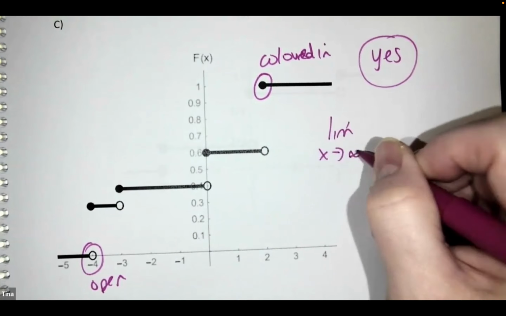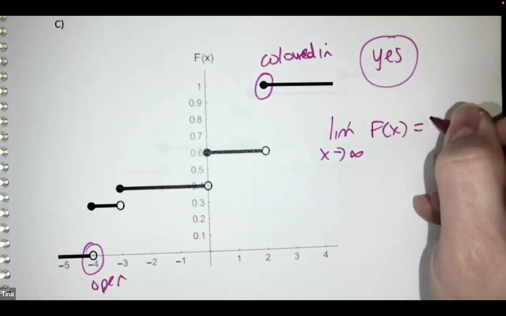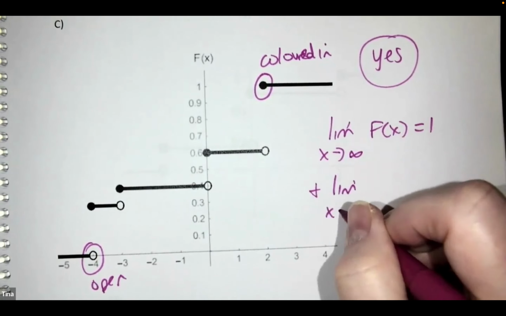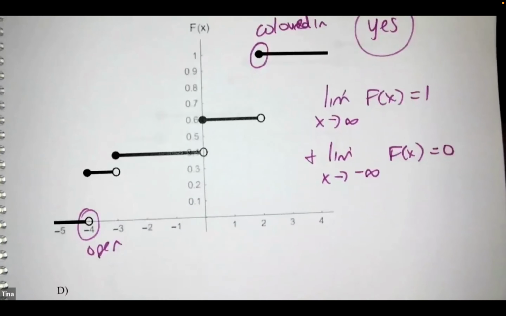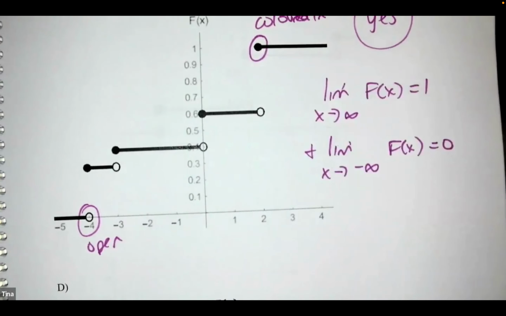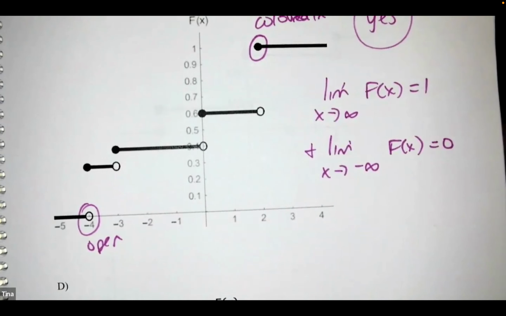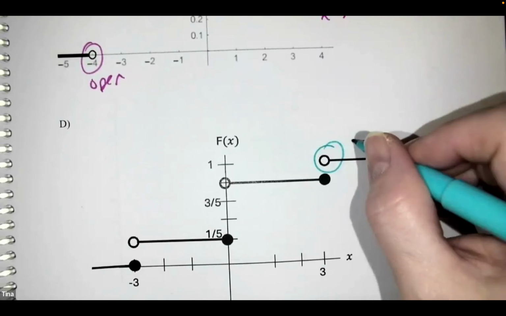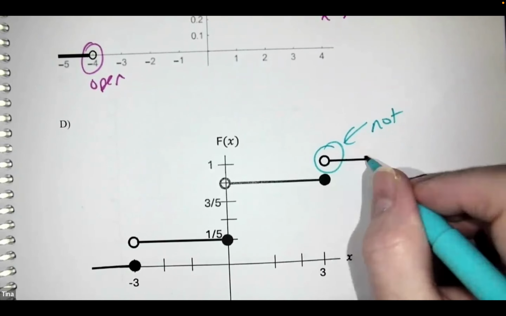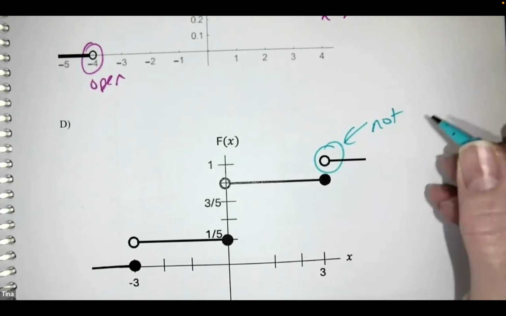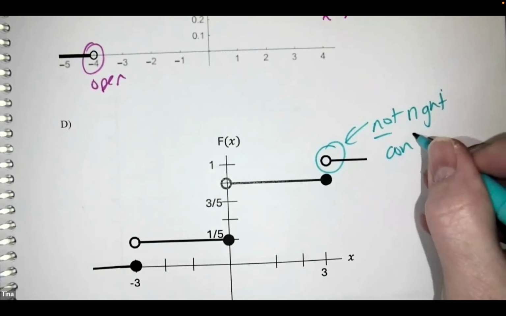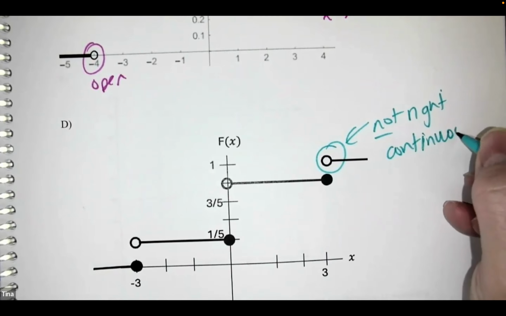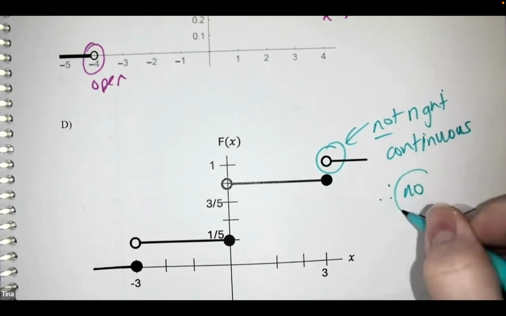So the limit approaching positive infinity is 1, and the limit approaching negative infinity is 0. And it is colored in here. But for the last one, it's not. See how it's not right continuous? So this bar would have to be filled in for it to be representing a cumulative, okay? So we'd say not right continuous. So therefore, no, it's not correct.